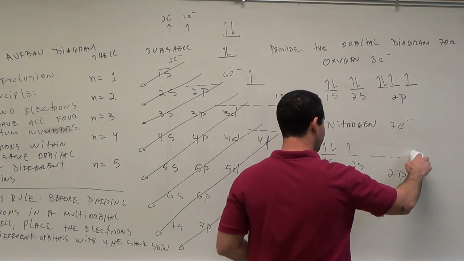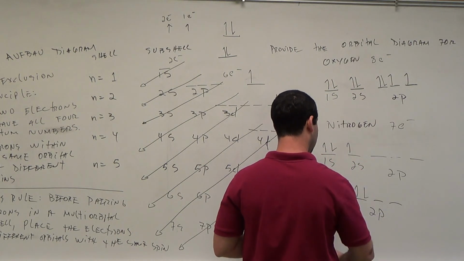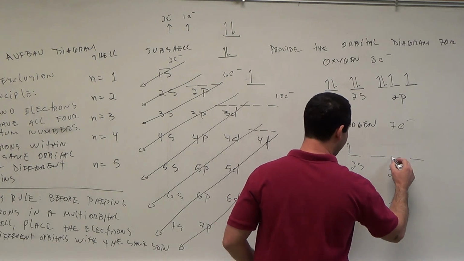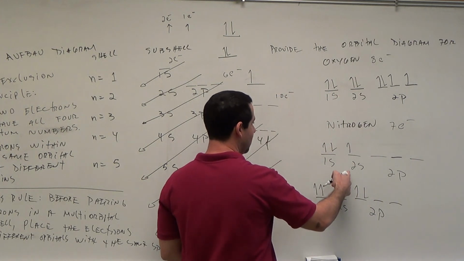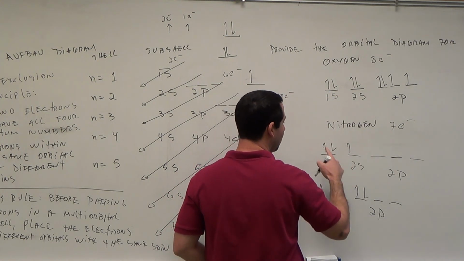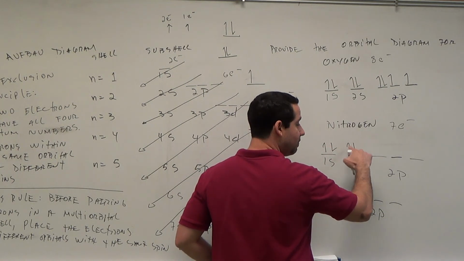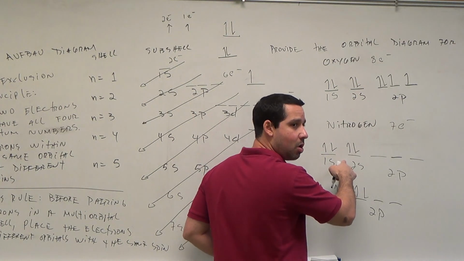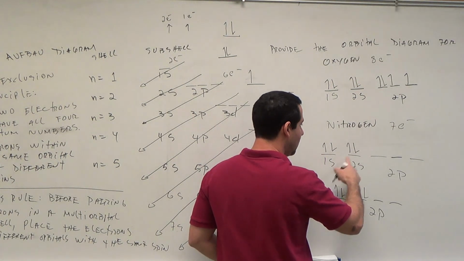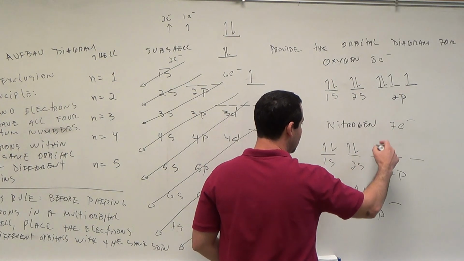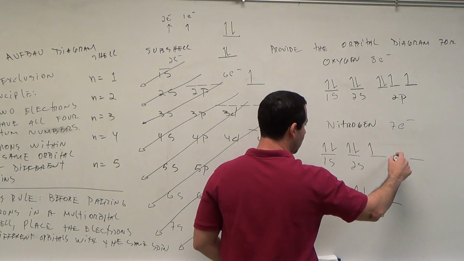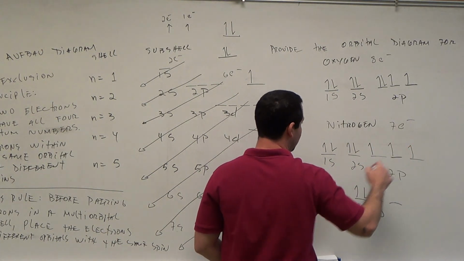I just jumped into something that was wrong, for you guys to learn from my mistakes. So how many electrons? 7. 1, 2, 3, and now I have to place the next one here. If not, I will be violating the Aufbau principle. And then how many more? 3 more. 1, 2, and 3.